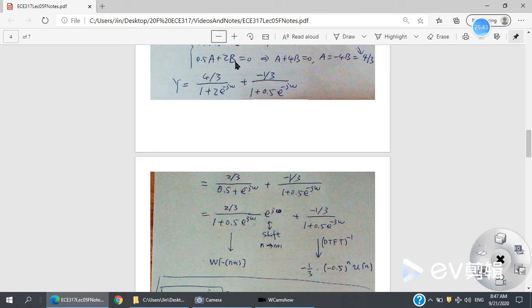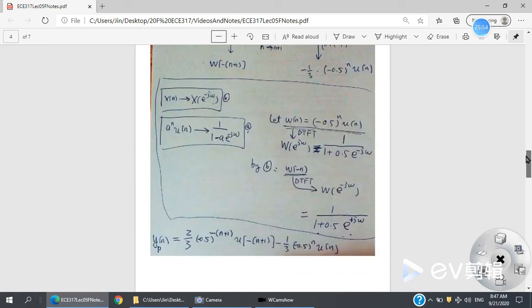It's 4/3 over 1 plus 2 e to negative j omega, and these go back to the frequency domain. From frequency domain to time domain, we have 2/3 times negative 0.5 to the negative n plus 1, and u of negative of n plus 1.